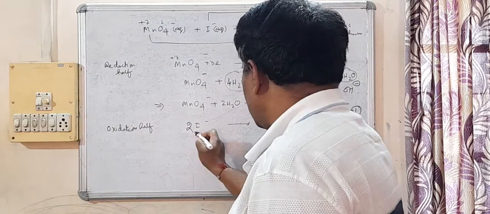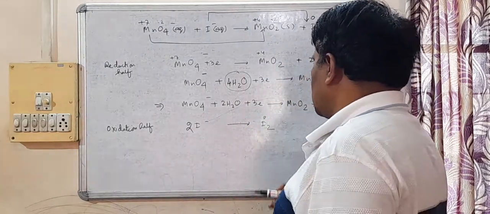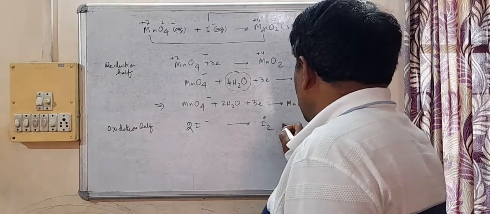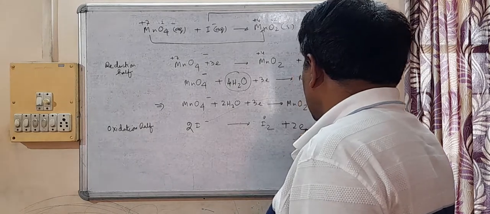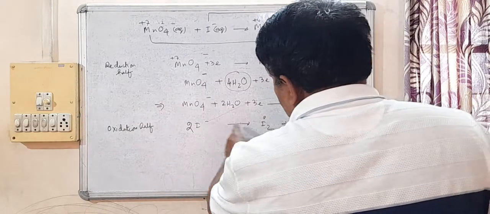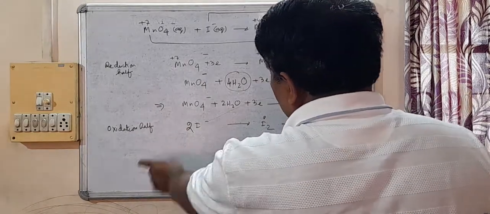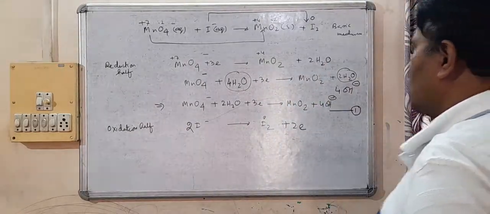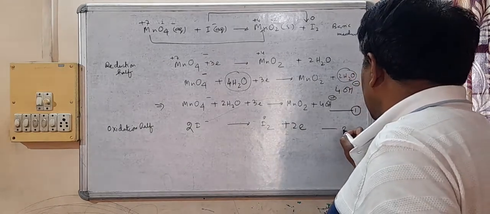So it will be 2I minus to I2, with loss of 2 electrons. Now you see this one is completely balanced. We don't have to do any other step. So this is our complete oxidation half.